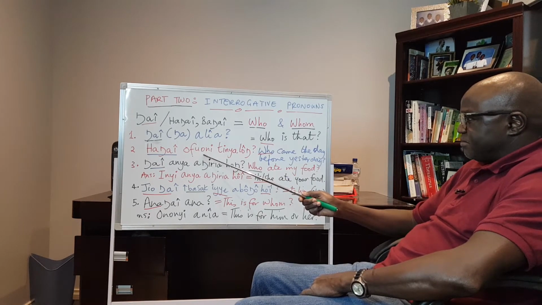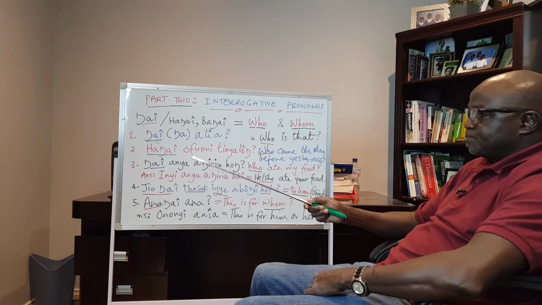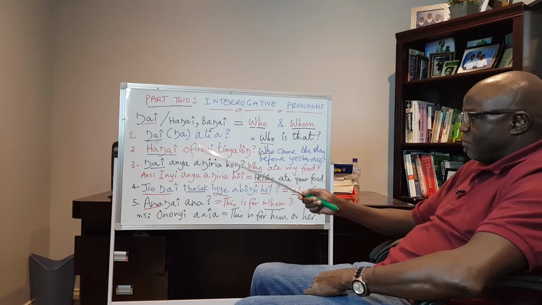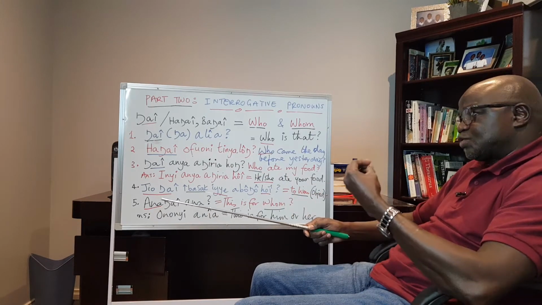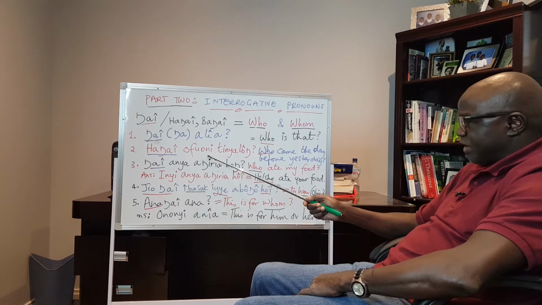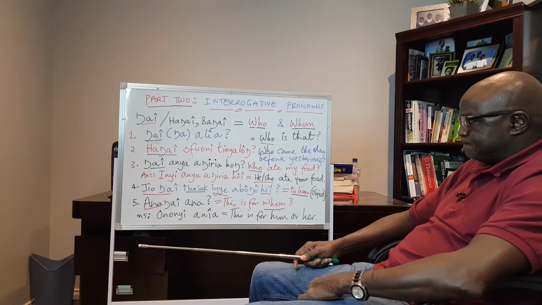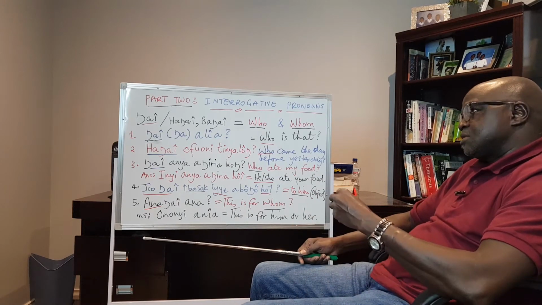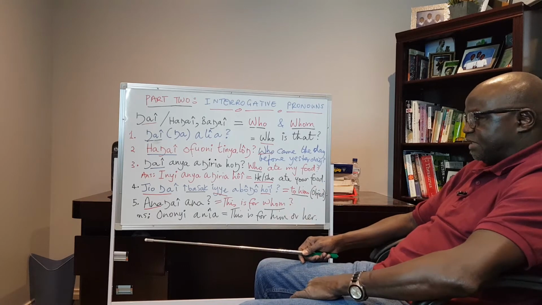Ofuoni here is the verb to come, which is atuna, become ofuoni, because this is for many people. If it is for one person, we will use otu. So you're asking someone who was present there at that time, who came the day before yesterday.